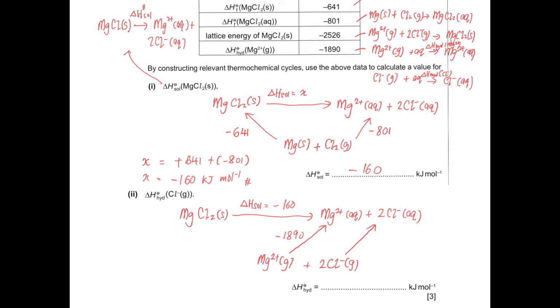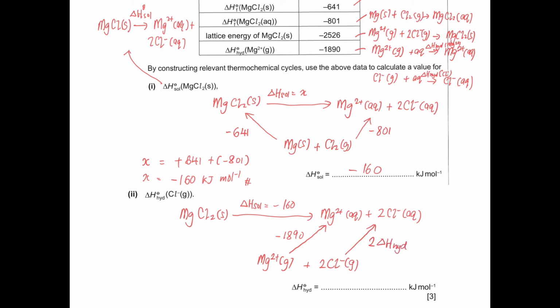How about the gaseous ions of chloride to aqueous ions of chloride? This is the unknown that we have to work out. Remember the definition of hydration is to form 1 mole of aqueous ions. But now, if you see here, we have 2 chloride, 2 moles of chloride, so the enthalpy change involved will be 2 times the enthalpy change of hydration.